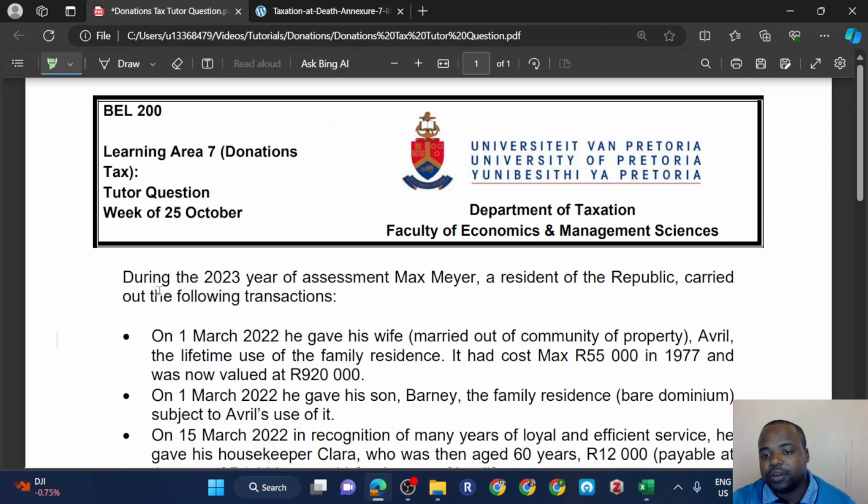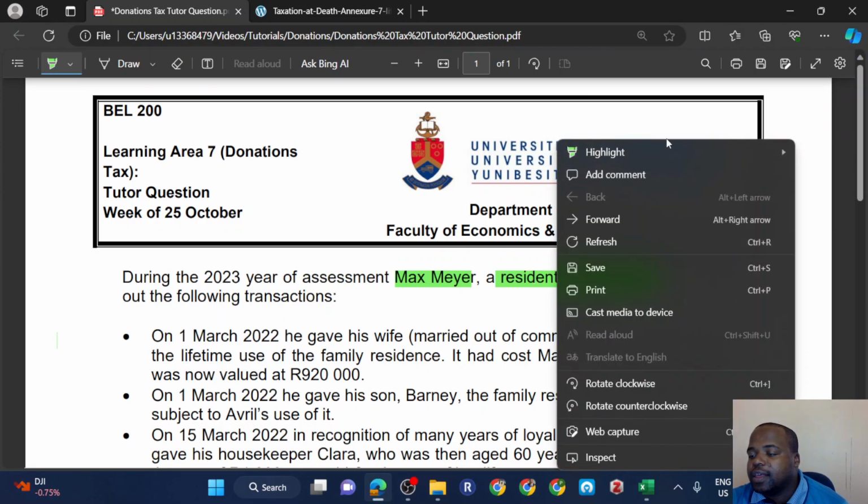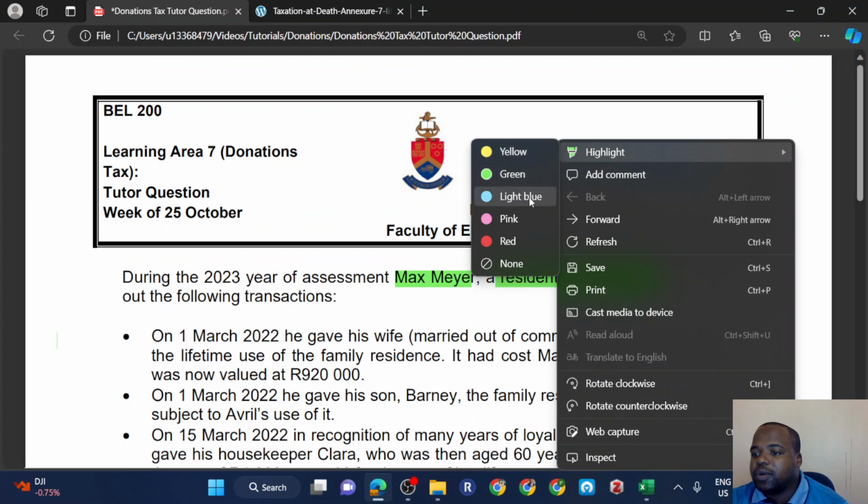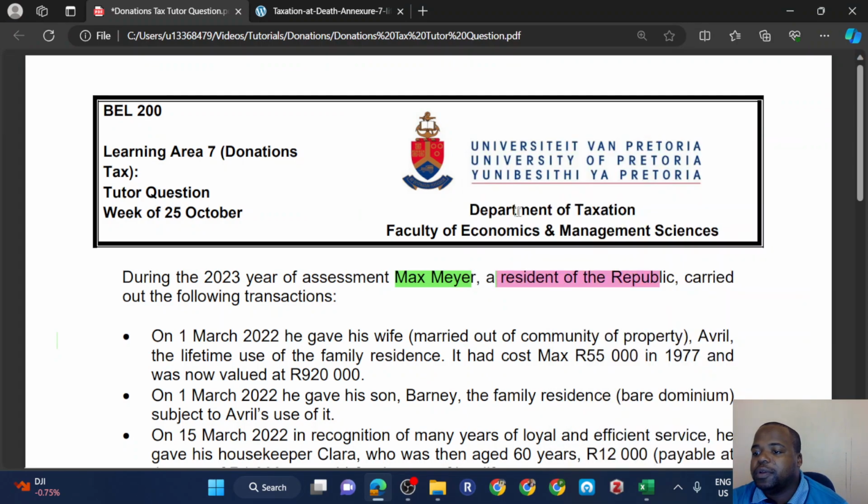And then we'll now get to the scenario. We are told here, during the 2023 year of assessment, Max Mayer, so that's who we're dealing with, a resident of the Republic, carried out the following transactions. And remember that step 1 requires us to determine whether or not a donation has been made. And we say that a donation is any gratuitous disposal of property or the selling of property at less than its market value by a South African resident.